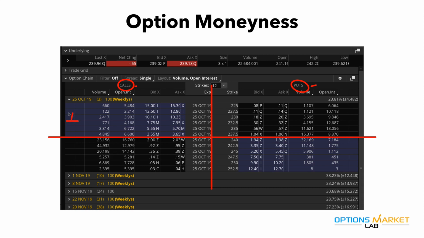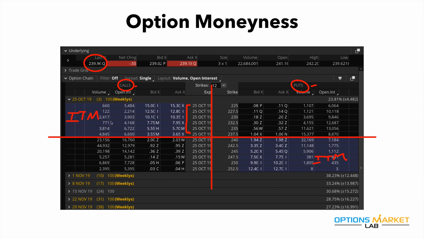So all the strike pricing below the current trading price, it is considered to be in the money for calls. For puts, since we anticipate the stock to go down and we are bearish, everything above the current trading price, which will be $239.96, about $240, this will be considered in the money for the puts.